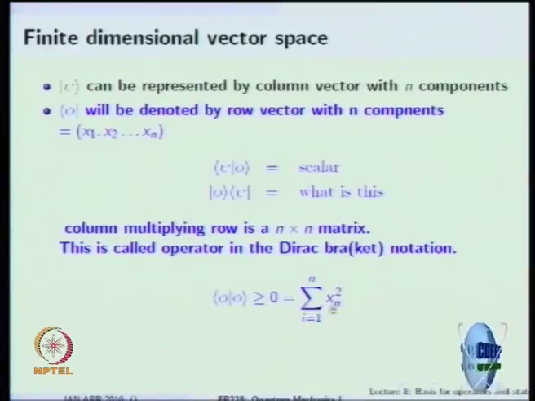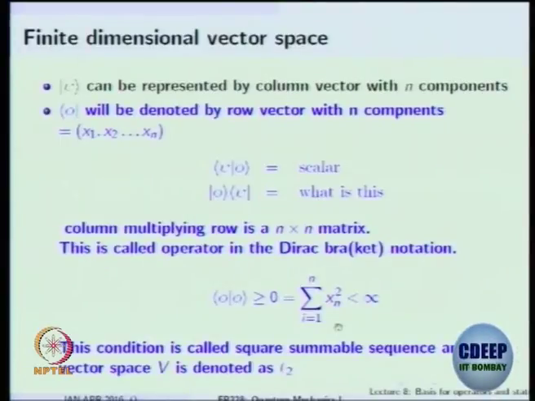And this condition for a real vector space, if suppose I take n to be very large, even though I started with a finite dimensional vector space, if n becomes very large, the squares which I add may blow up, may become infinity.